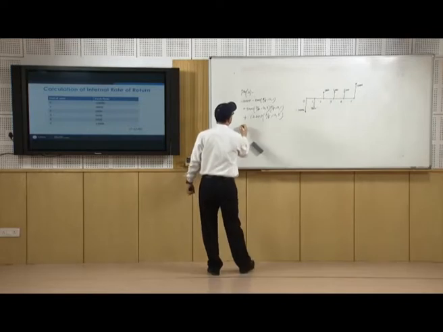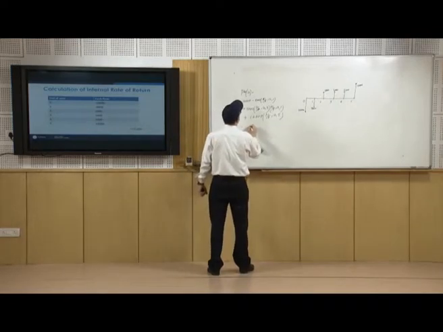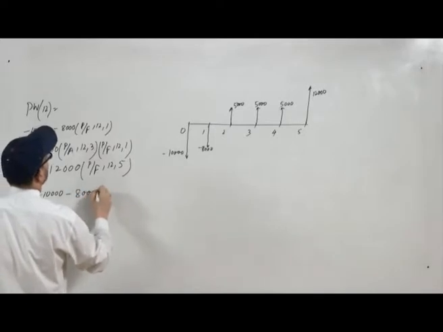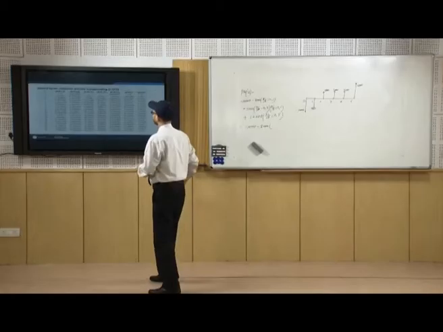So, this can be taken as minus 10,000 minus 8,000 P by F 12 1.